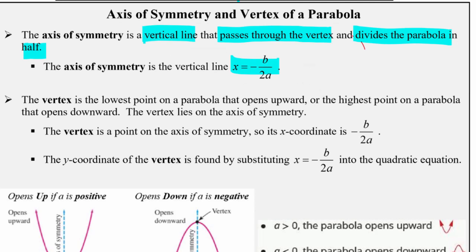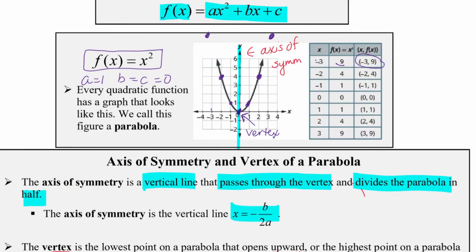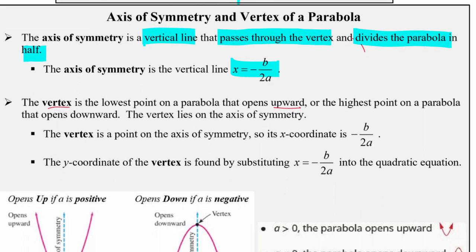The vertex is the lowest point on the parabola if the parabola opens upward. So in our last example, our vertex was the origin, that's (0, 0), and it was the lowest point, okay? The vertex will be the highest point on a parabola that opens downward. The vertex will always lie on the axis of symmetry.